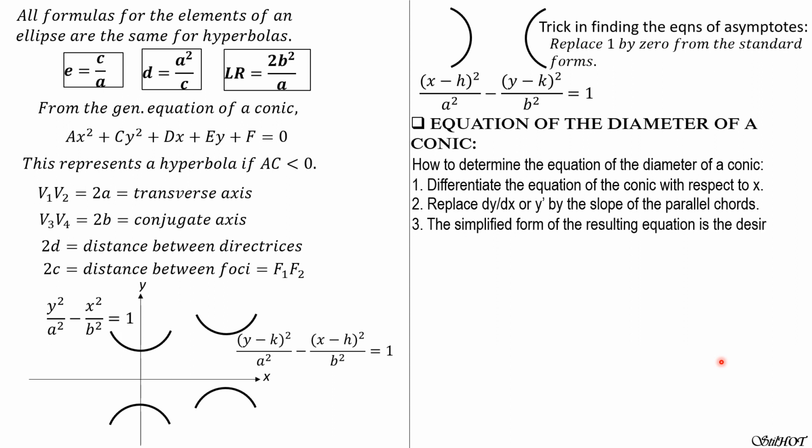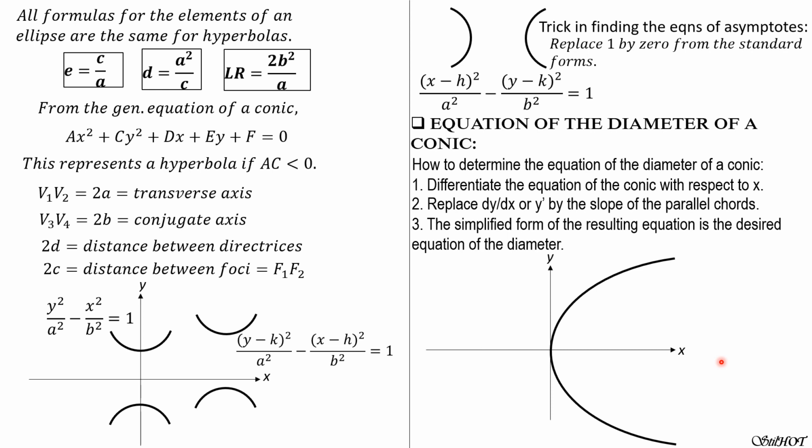So let's define, for instance, we have a conic here, and coordinate axes x and y. Then we have parallel chords. These are the parallel chords. And then we join the midpoints of the parallel chords. These are the midpoints of the parallel chords.